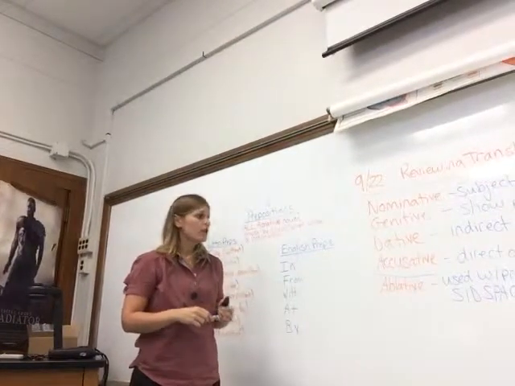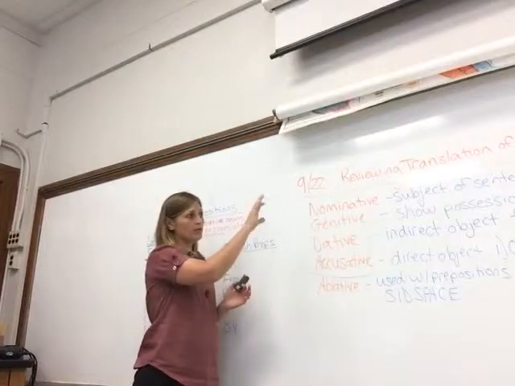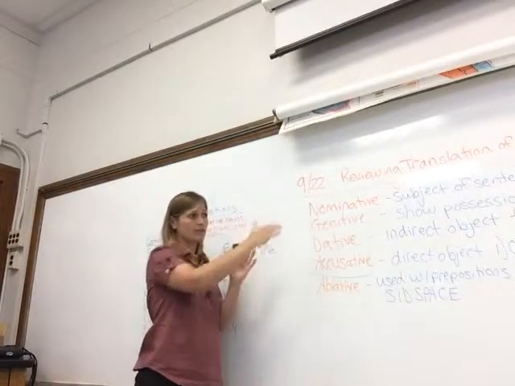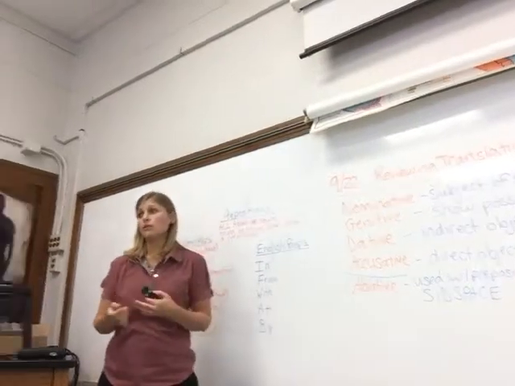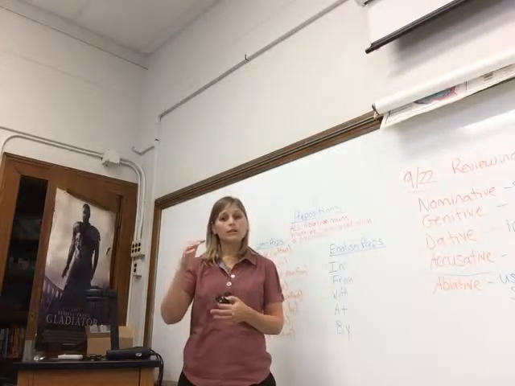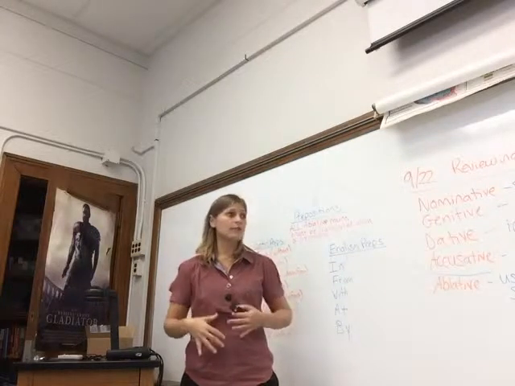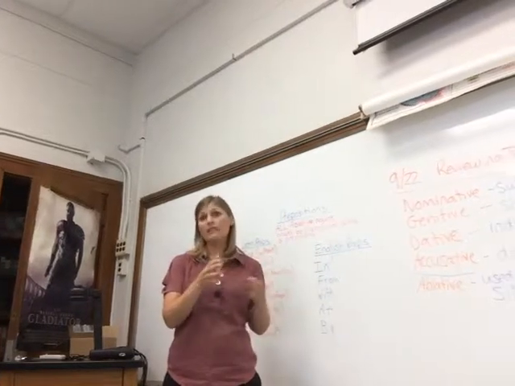Okay. So what we're going to do now is we are going to go over to the other side of this, and I'm going to prescribe to you generic translations of nouns, so that from now on, when you decline nouns, you don't just give stems and endings.